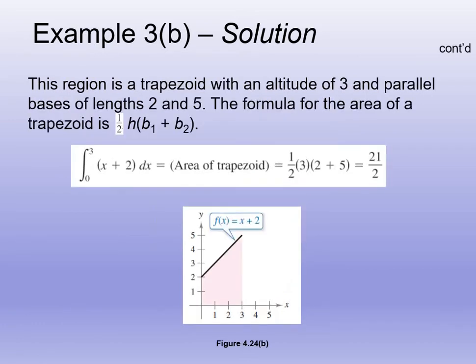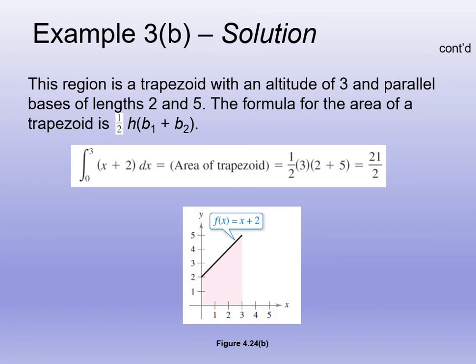Next, we were given the integral from 0 to 3 of x plus 2 dx. If we graph x plus 2, the y-intercept is 2, and then it goes up just like the graph of x would. It's sketched right here. Using the limits from 0 to 3, we create a trapezoid. Remember the area of a trapezoid is 1/2 times base 1 plus base 2, times height.